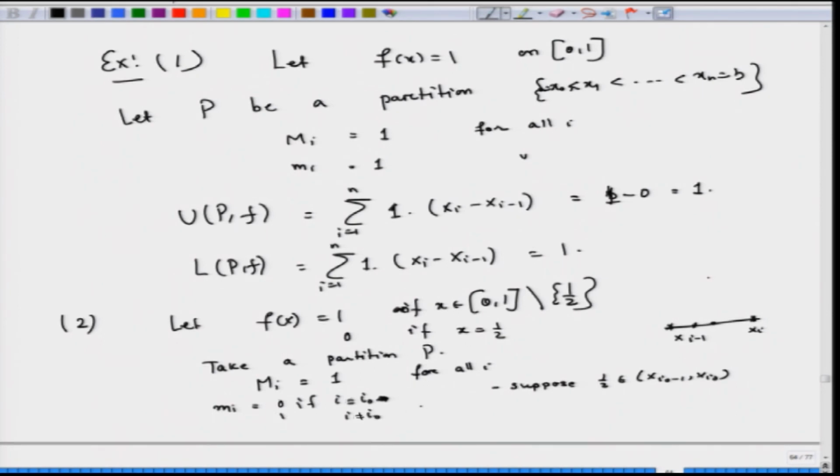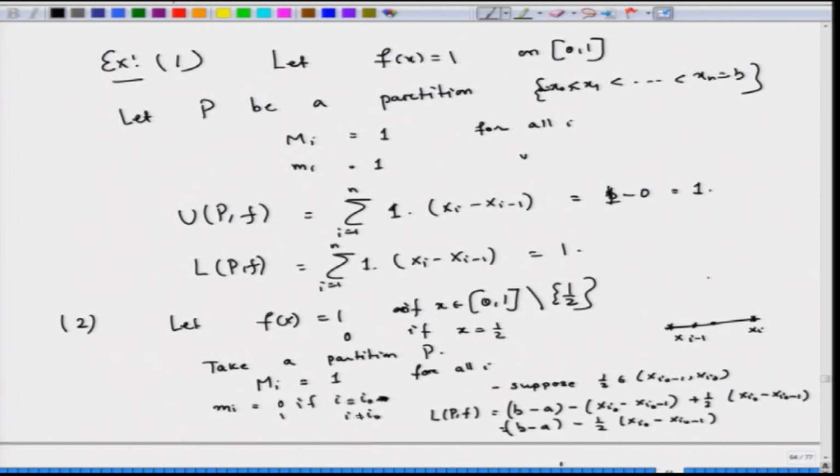So, in this particular case, what do you get? You get L_P of f equal to the total interval b minus a, minus (x_{i0} minus x_{i0-1}), because this is 1 in the other ones, and then we have this added term half of it, which is equal to b minus a minus half of (x_{i0} minus x_{i0-1}).